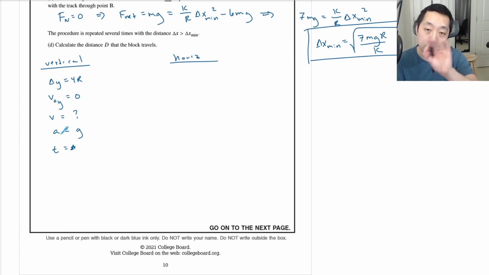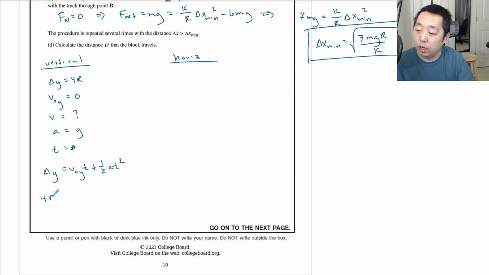It's just the time it's in the air times its speed. So here we would use this equation: delta y is the initial velocity in y times time plus 1/2 a t squared. So in this case, we'd have 4r, this part is 0, 1/2 g t squared. So that means t is equal to the square root of 8r over g.